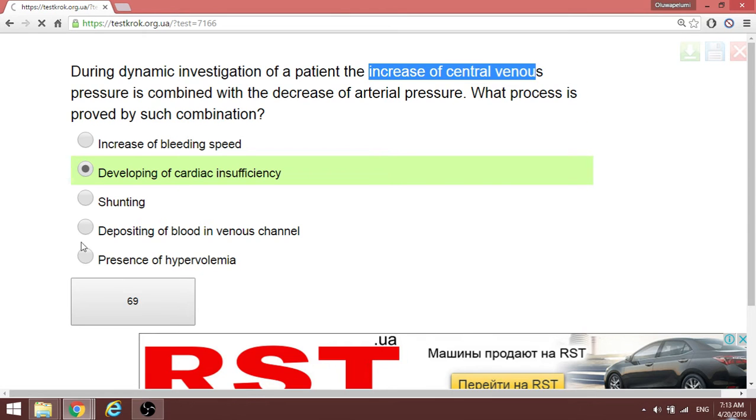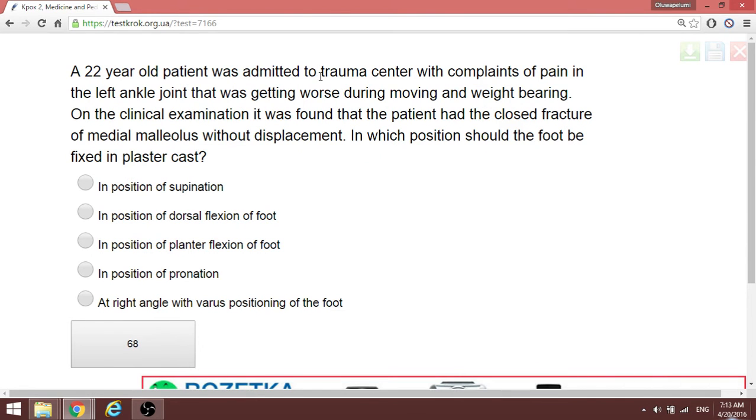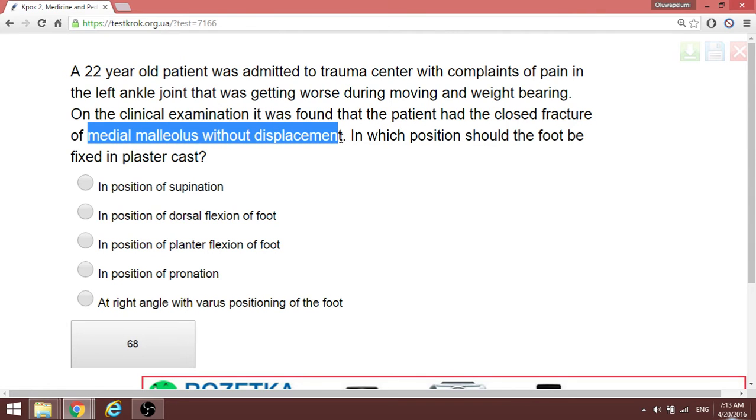This is a traumatology question. A 20-year-old patient was admitted to trauma center. Majorly, there is pain in the left ankle joint, and clinical examination found that the patient had closed fracture of medial malleolus without displacement.